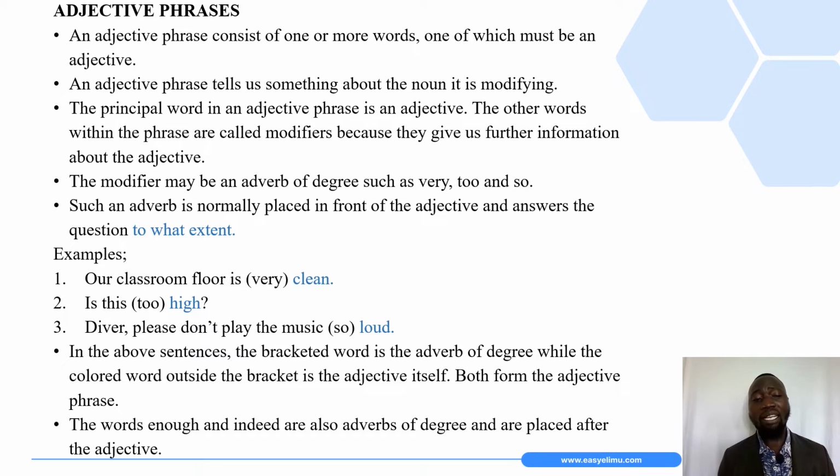But remember that in the adjective phrase, it is the adjective that is the principal word, while other words are modifiers. Looking at the three sentences, very clean is an adjectival phrase, too high is another adjectival phrase, and so loud is also another adjectival phrase.